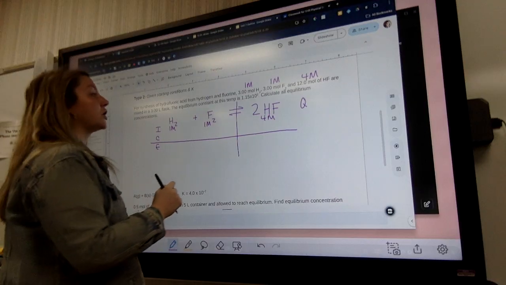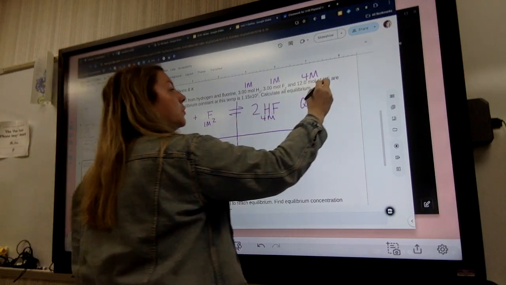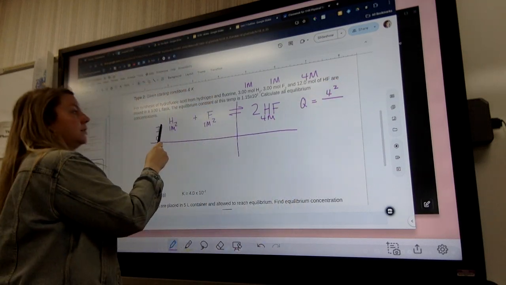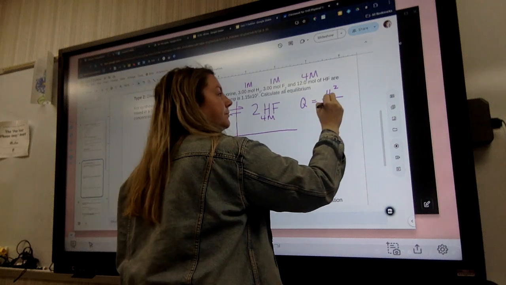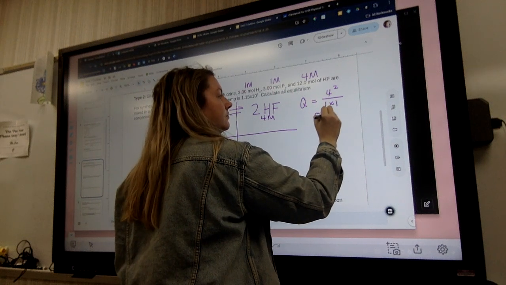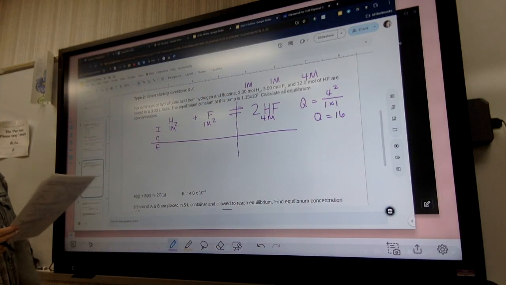Okay, so for our Q, we're going to do products over reactants. So I have 4 squared divided by 1 times 1. So we're going to get 16.